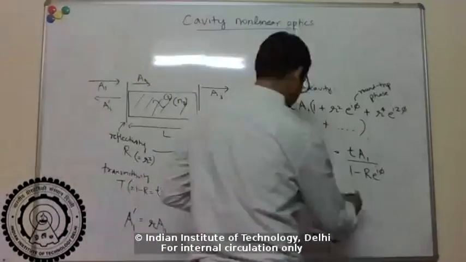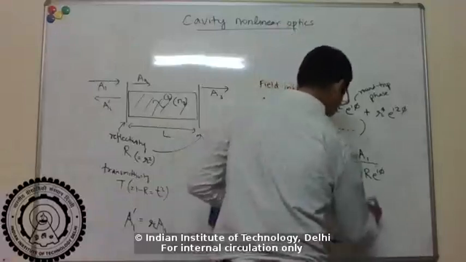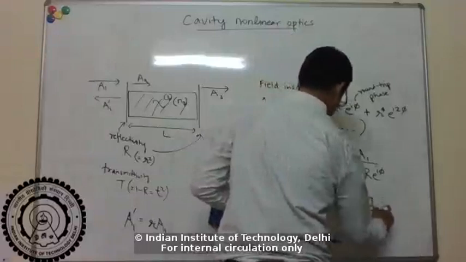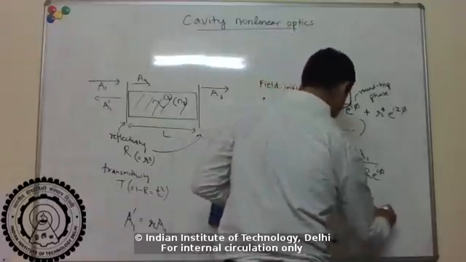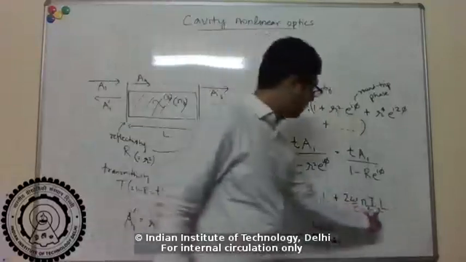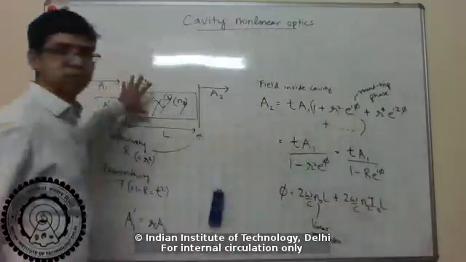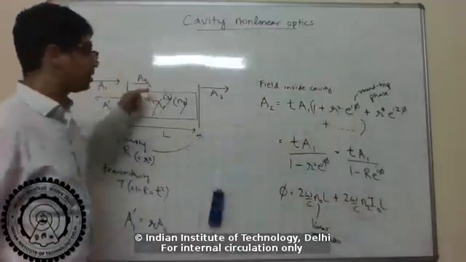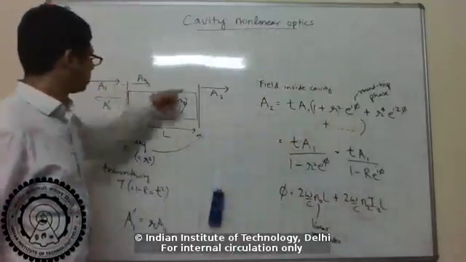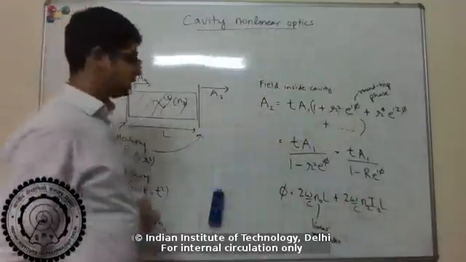So that will go as 2 omega by c, then N2 I2 L. So what is I2? That's the intensity inside the cavity, because the field inside the cavity is the one which is acquiring the phase.